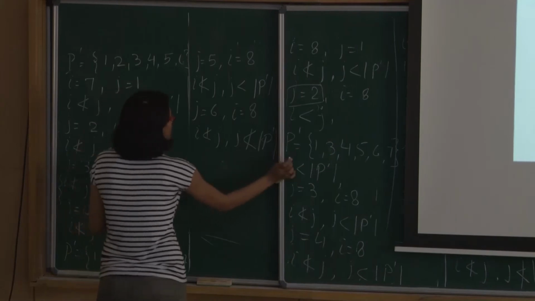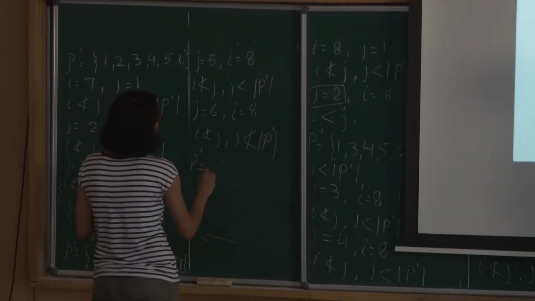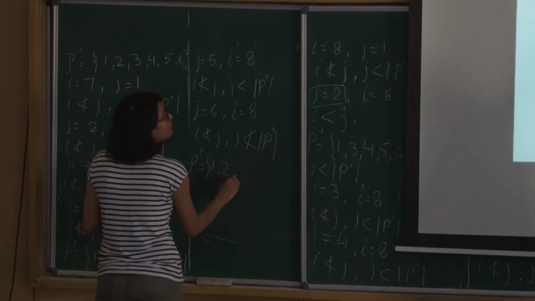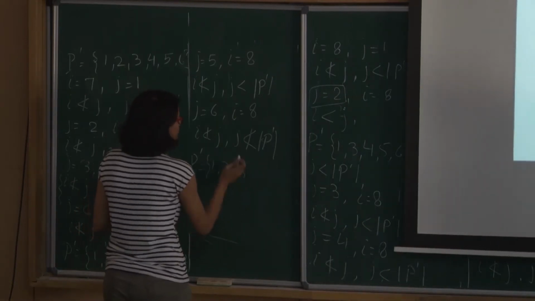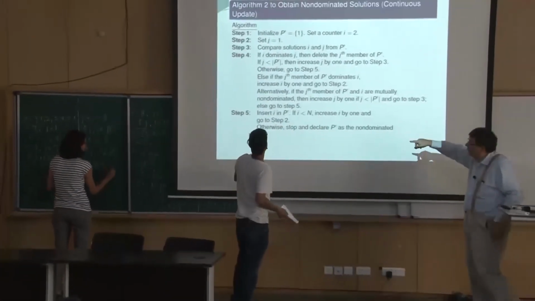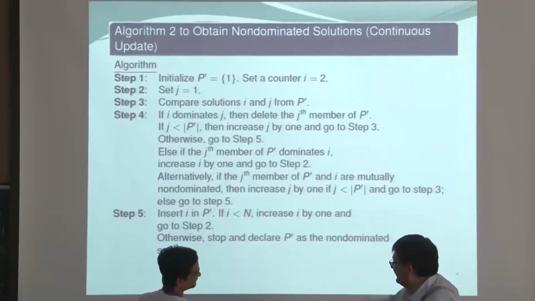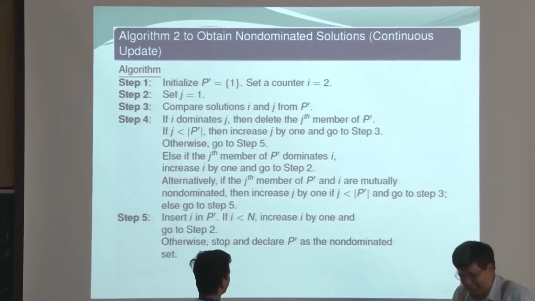In my execution, 7 never gets into this, because this if and else is nested within this if and else. If I does not dominate J, then we need to come to this step. That's what I did when we started, every time we started the second time. But I think she kept doing this from the original execution.